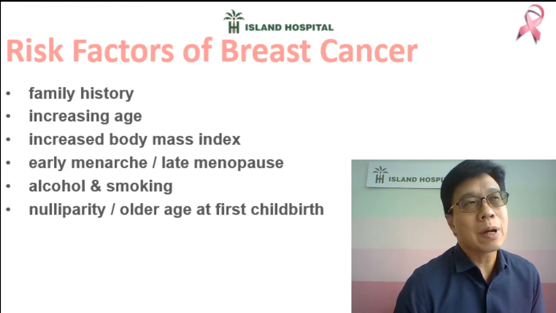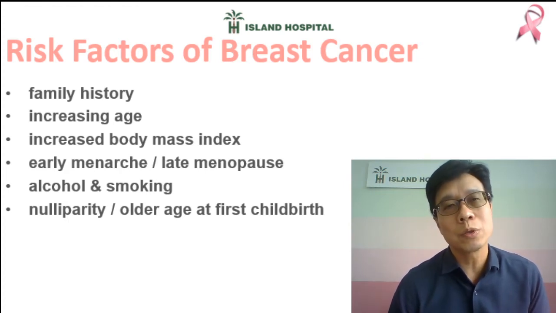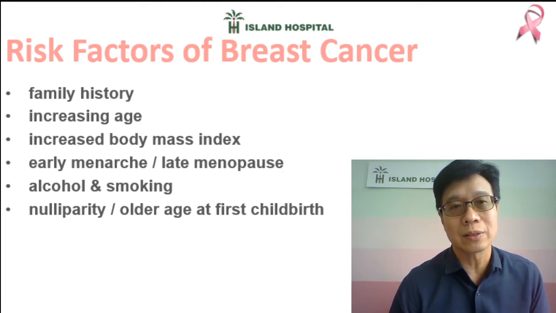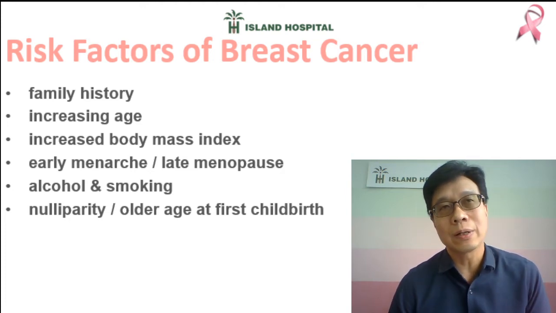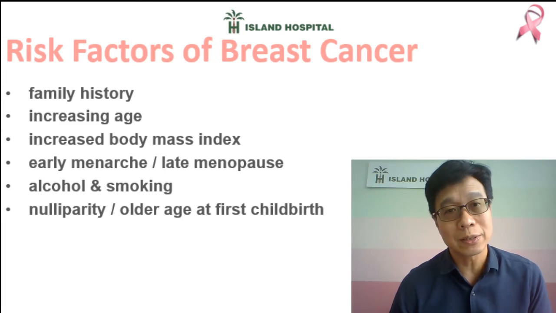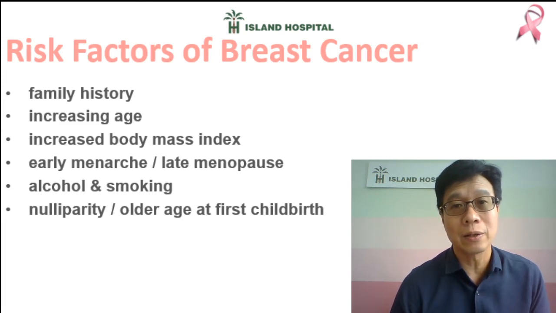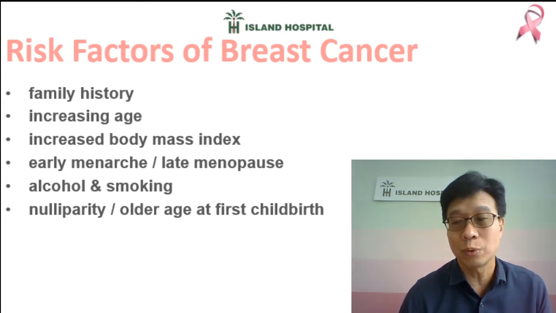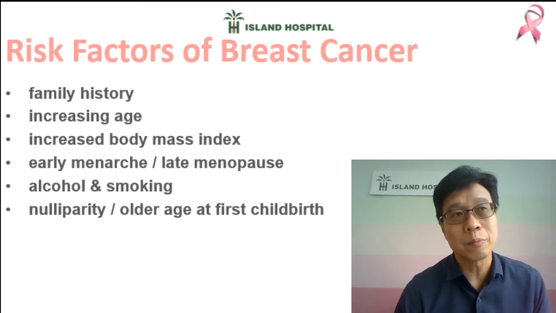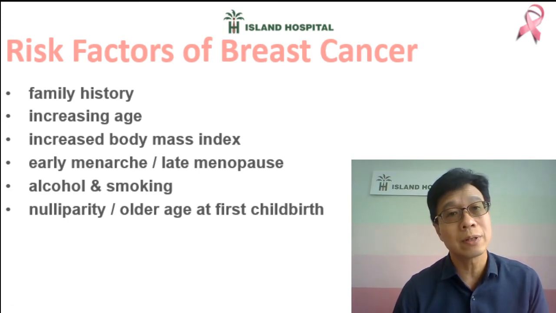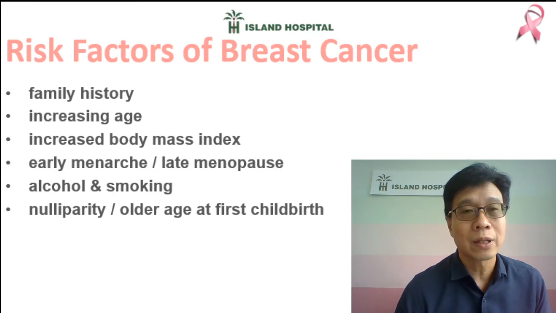Now, the exposure to the normal menstrual cycle, the duration of which is also a risk factor. So if one starts to have menses early in age and late menopause, they are exposed to this menstrual cycle for a longer period, and their risk will be increased.